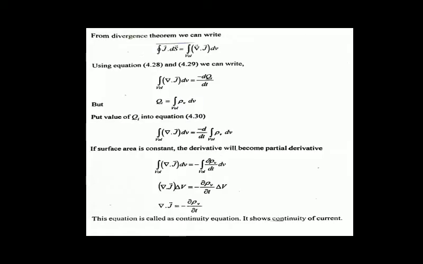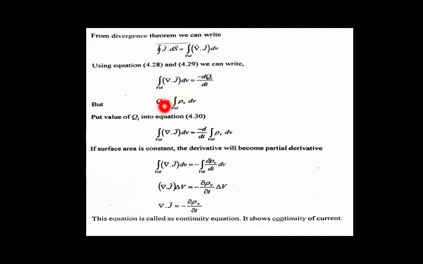From the divergence theorem we can convert the surface integral to a volume integral. So this is the surface integral of the current density, and we can convert it into a volume integral of del dot J dv. So this is also equivalent to minus dQ by dt.